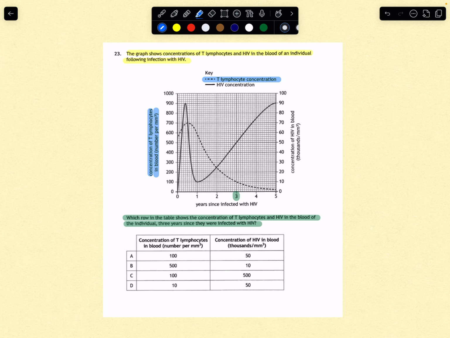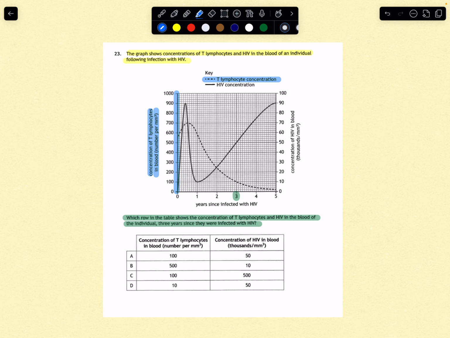So the reason I'm going to keep this in blue is to stop you confusing yourself. So whenever you are dealing with T lymphocyte concentration, you're going to use the blue highlighter, right? Which also means we're going to use the blue axis, which I've now coloured in for you.